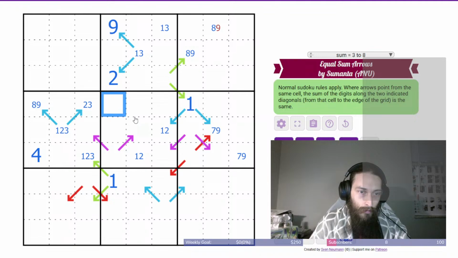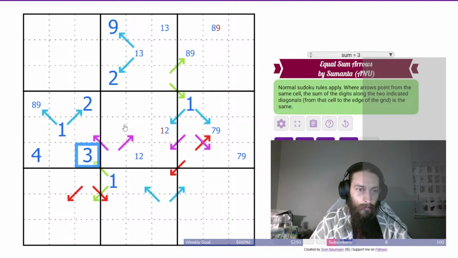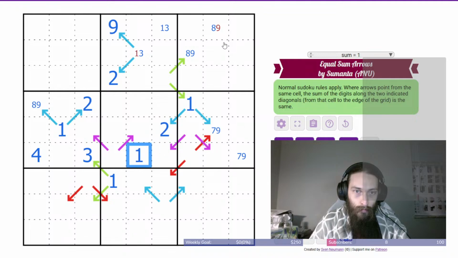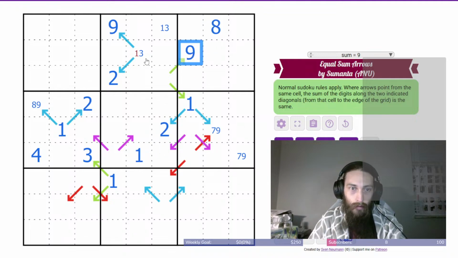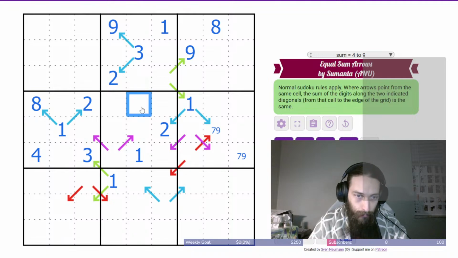And where do we go from here? The 8, 9 pair in box 3 is resolved. 8, 9, 3, and 1. I just forgot right here that this was minimized to 5, plus 4 is 9. So then 6 and 2 makes 8.